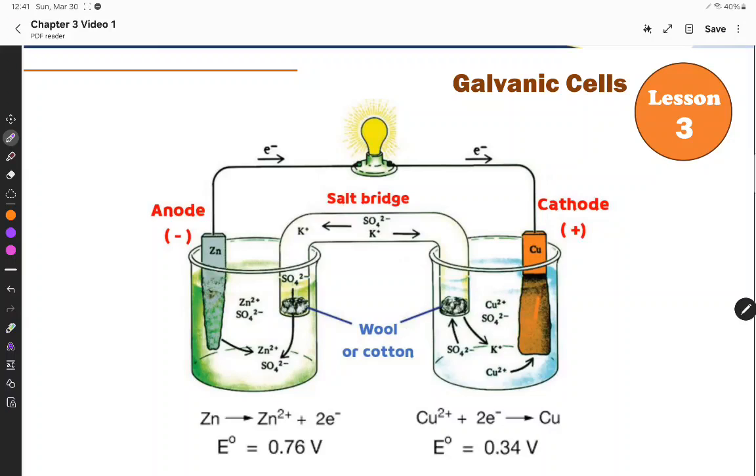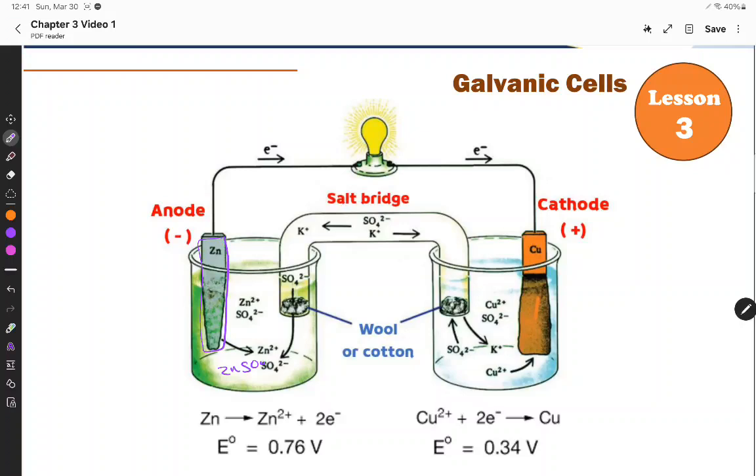So if we look at the anode half cell, the anode half cell contains solution of zinc sulfate. So here we have zinc sulfate and we have an electrode made of zinc. Zinc is immersed in the solution of zinc sulfate, partially, not completely.